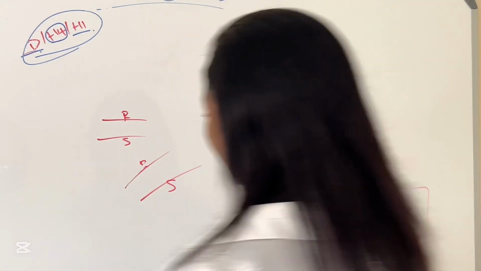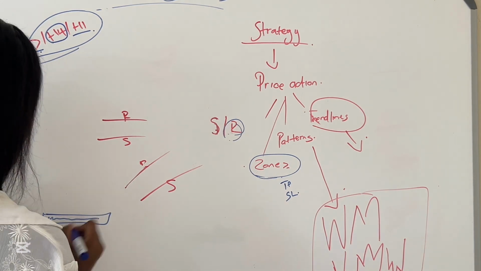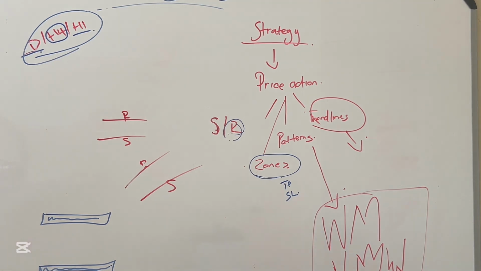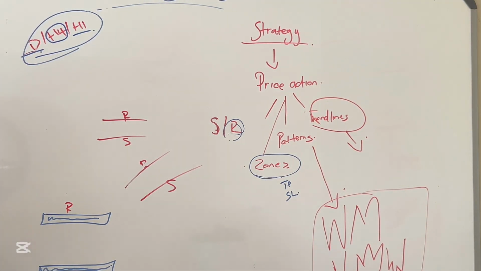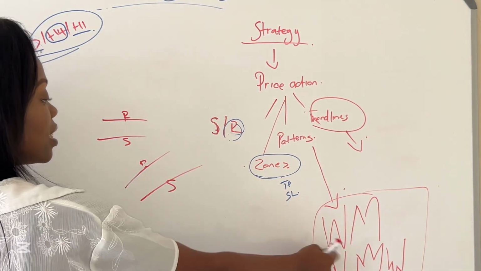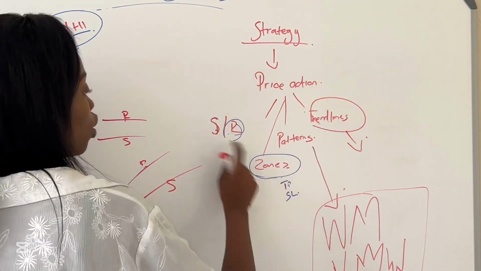If you have zones, these are your zones, and you can see we're going to shoot to the upside. This is your R, this is your S. You're going to call that a buy. However, you can't say it's a buy based on one strategy. You need 2 or 3 strategies, and we use these to support all of these.